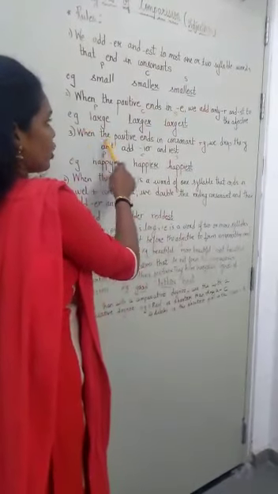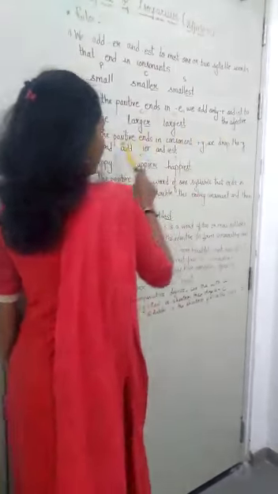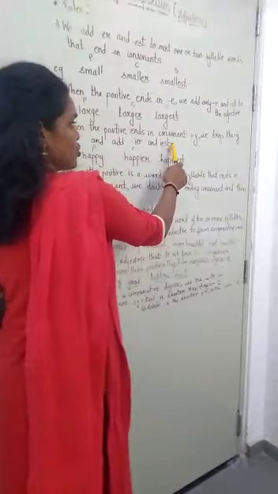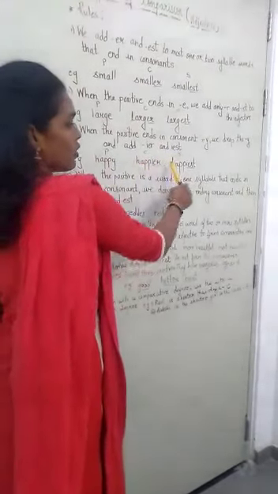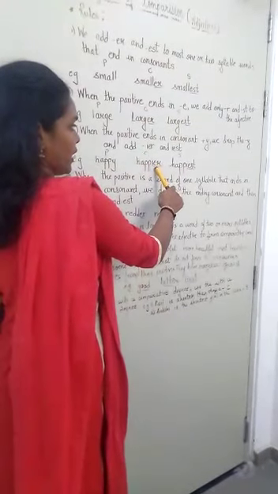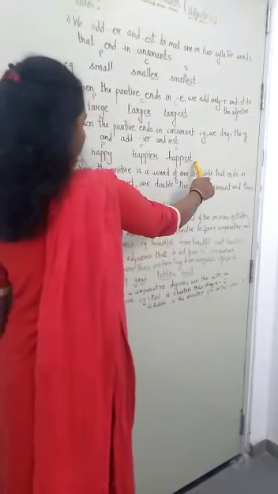Third, when the positive ends in consonant Y, we drop the Y and add IER and IEST. For example, happy, happier, happiest. Here we dropped Y and for comparative we added IER and for superlative IEST.